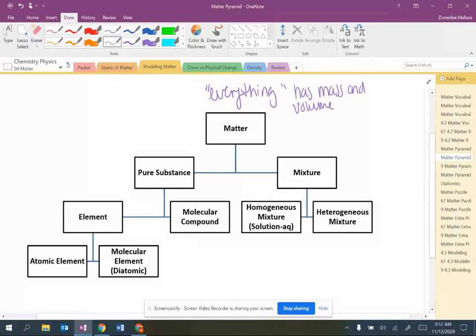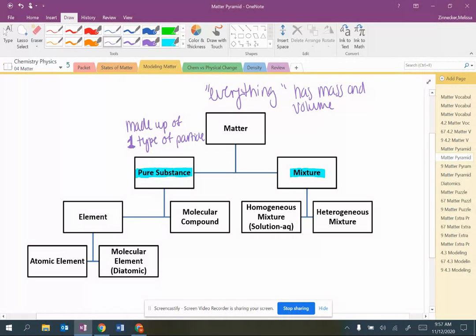and volume. We can further break down matter into two categories, either a pure substance or a mixture. If something is classified as a pure substance, that means it is only made up of one type of particle.